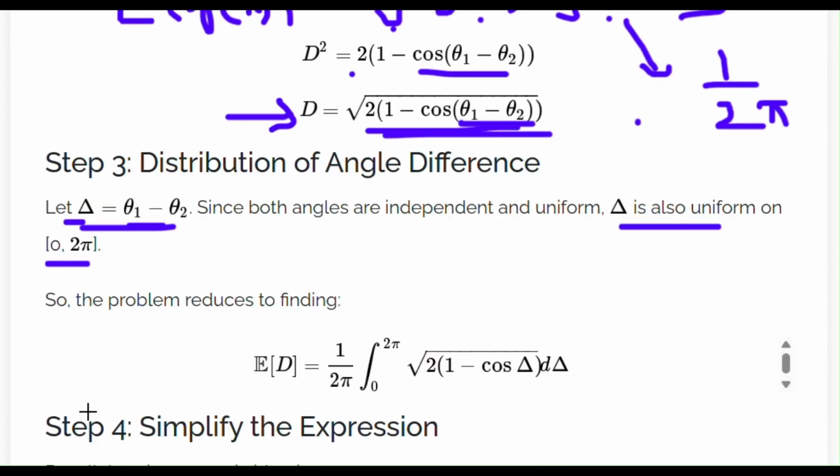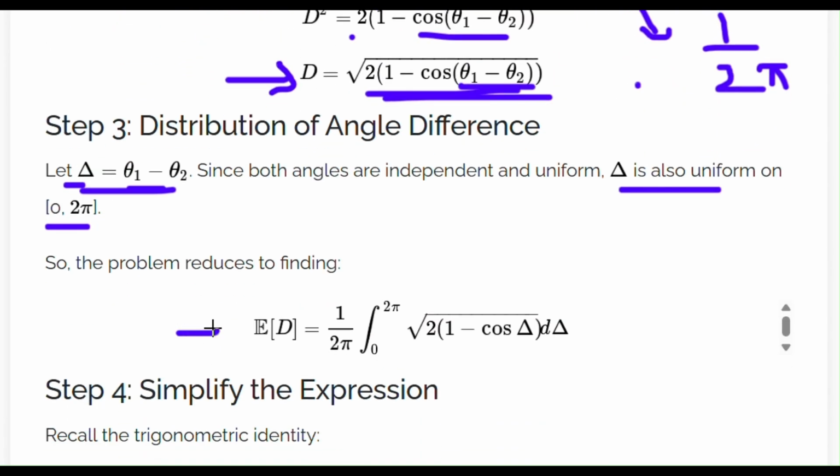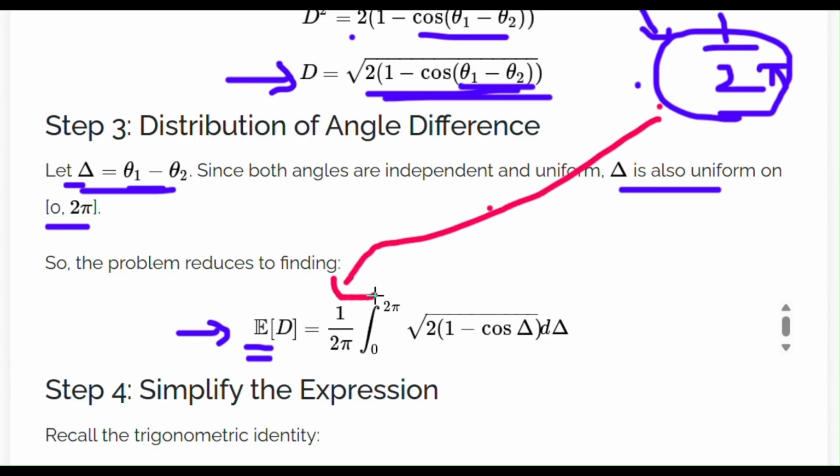So the problem reduces to finding the expected value of d, written as E of d. This part, 1 over 2 pi, is constant, and this comes out of the integral. We are left with the square root of 2 times 1 minus cos delta, d delta, integrated from 0 to 2 pi.